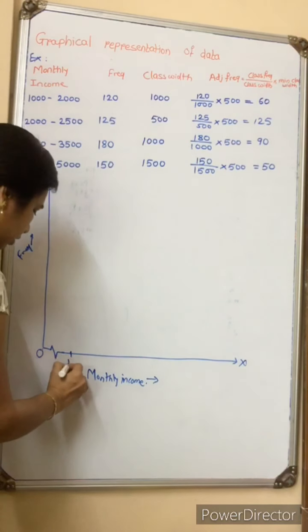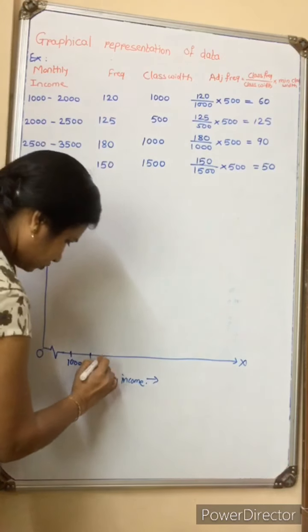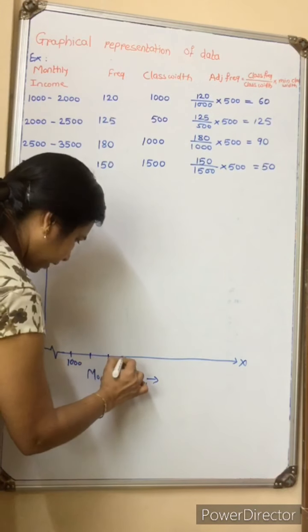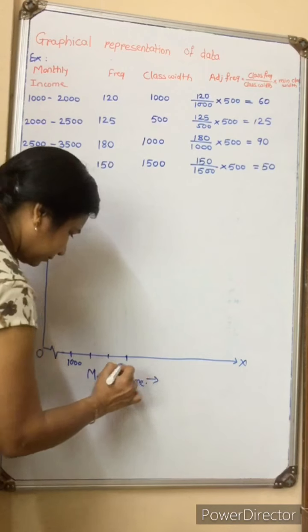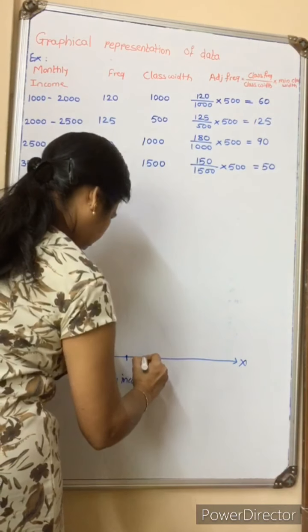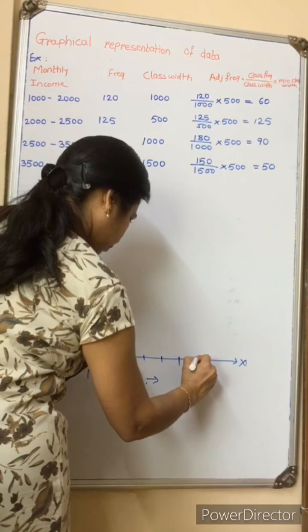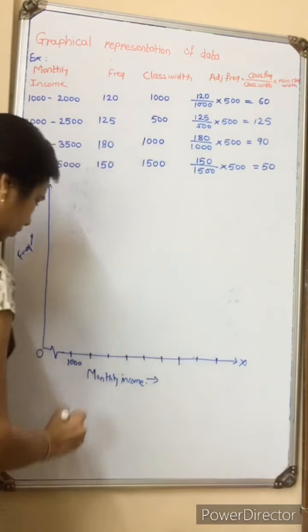Starting from 1000, we take equal lengths here.